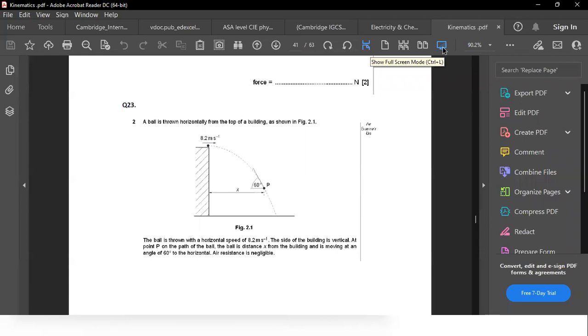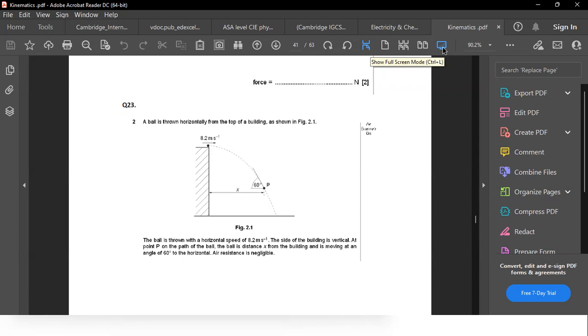So I guess we could do v minus u upon a. That would be 14.2 divided by 9.81. That equals our time, and then you can find your distance.